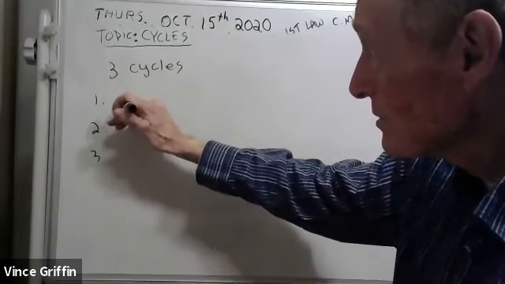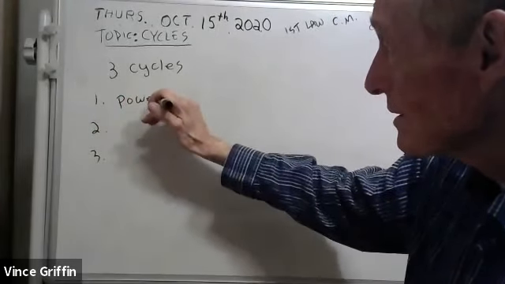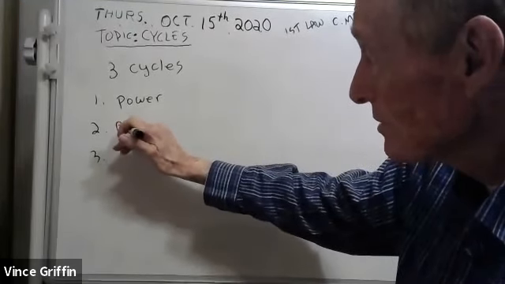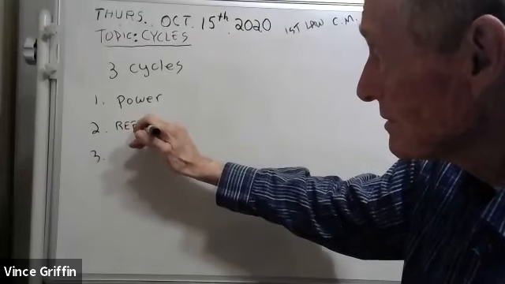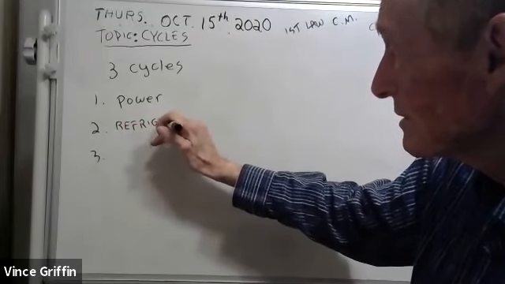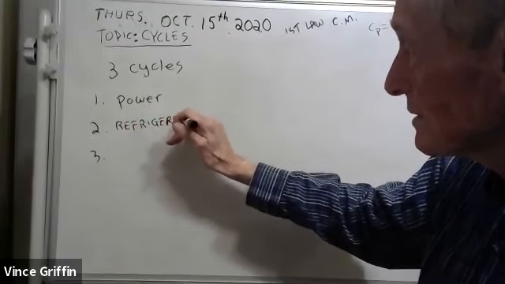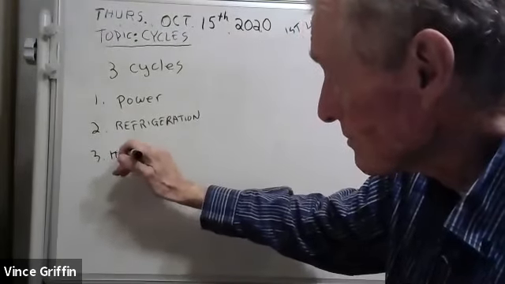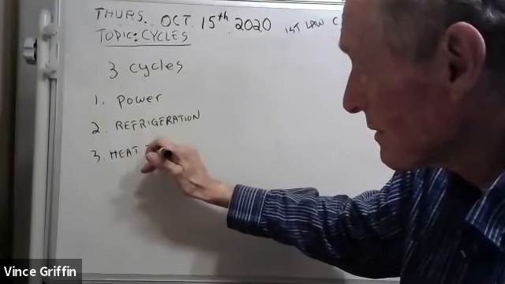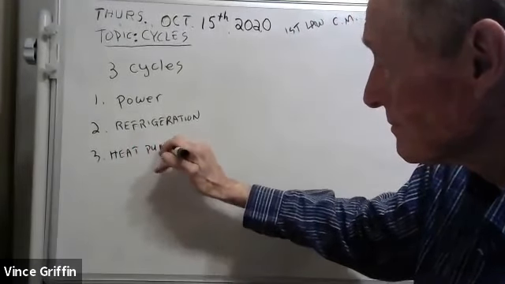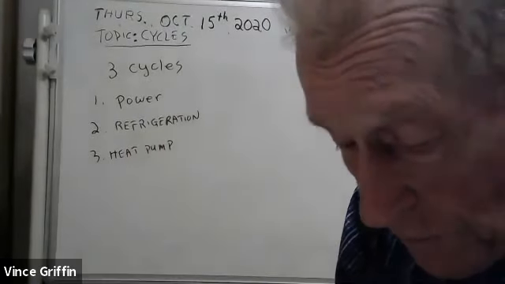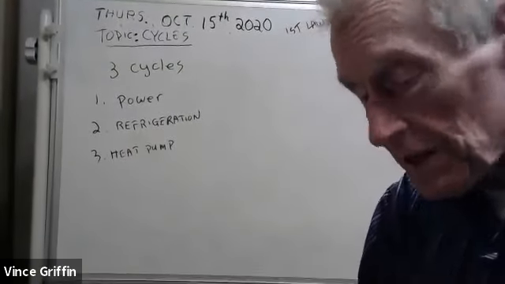There's power cycles. There's refrigeration cycles. And there are heat pump cycles. Three different kinds of cycles. Now, Reagan wanted help on 519.